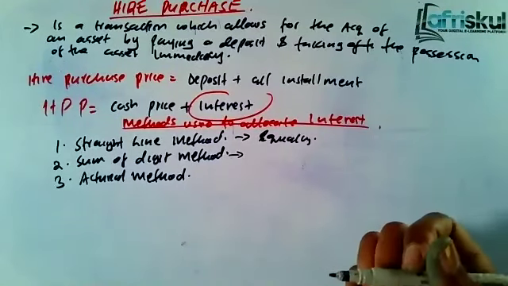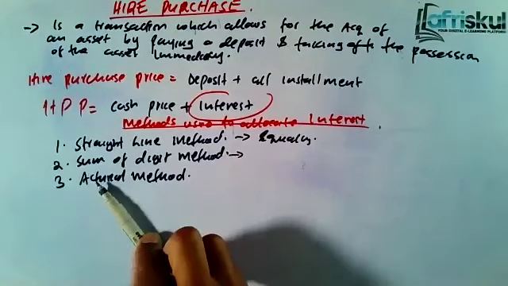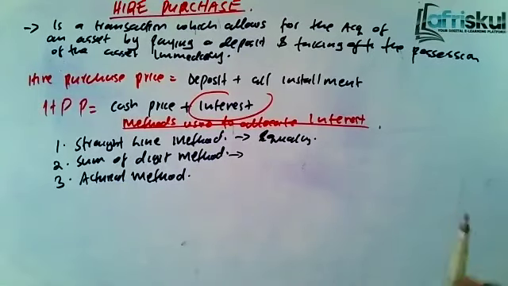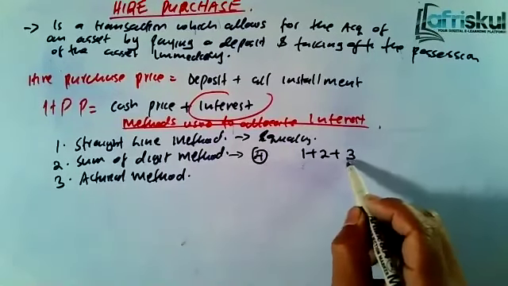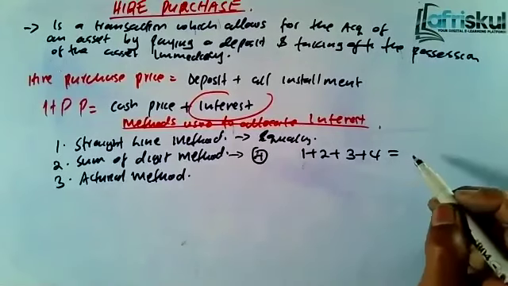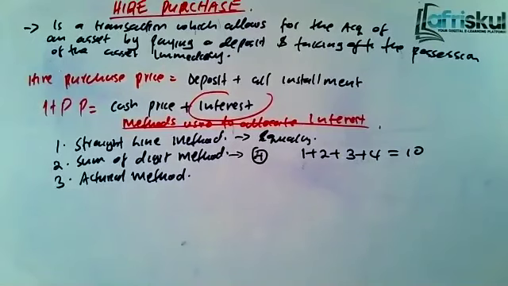Assuming you are supposed to pay the installments over the next 4 months, this is how you use the sum of digit: you take 1 plus 2 plus 3 plus 4, and you get a total of 10.